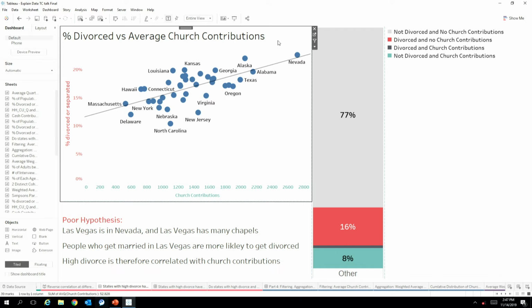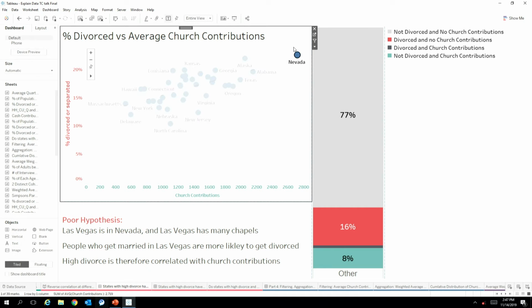Just to give you an example of a poor hypothesis here: Las Vegas is in Nevada. Las Vegas has a lot of chapels, and so therefore there's a lot of religious people in Las Vegas. But people who are getting married in Las Vegas are more likely to get divorced. And so therefore, high divorce is correlated with church contributions.